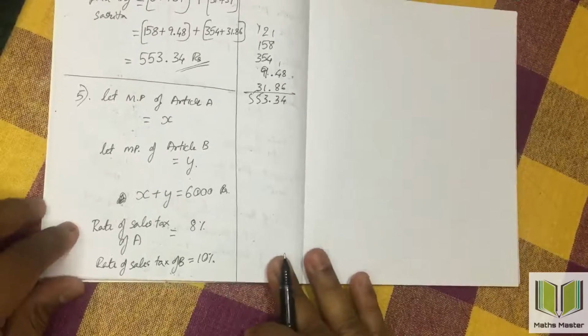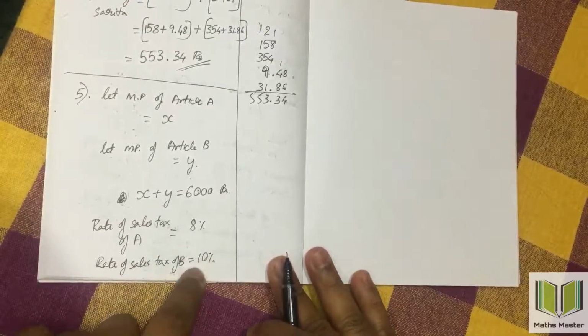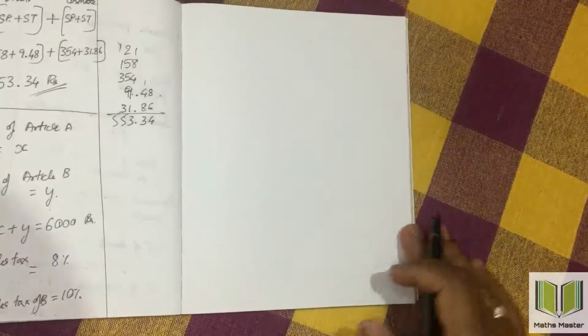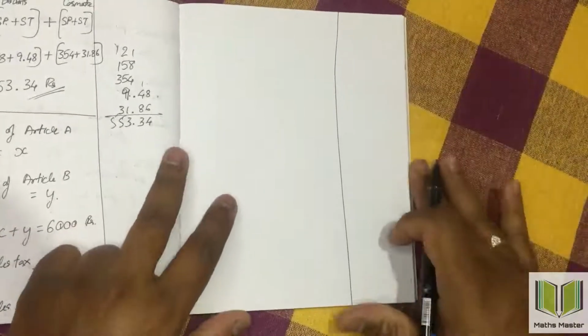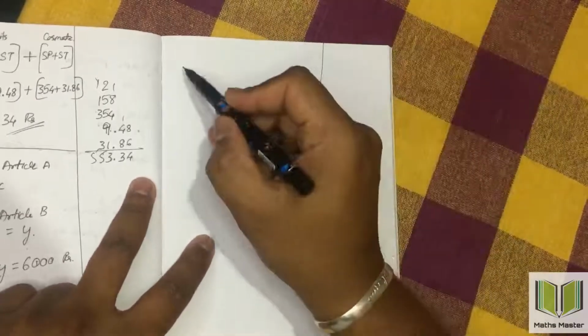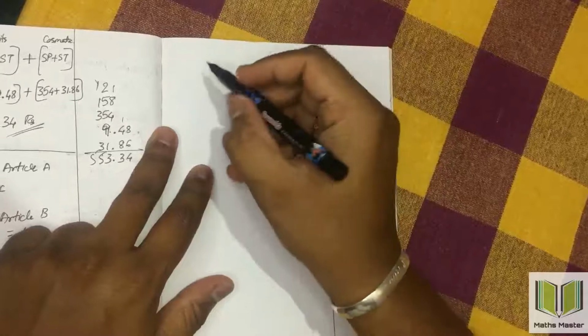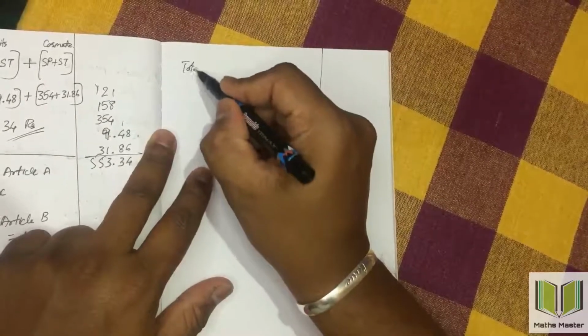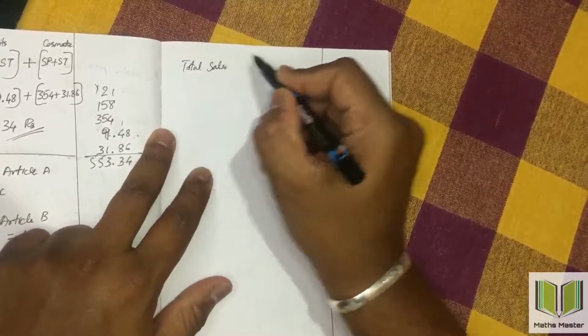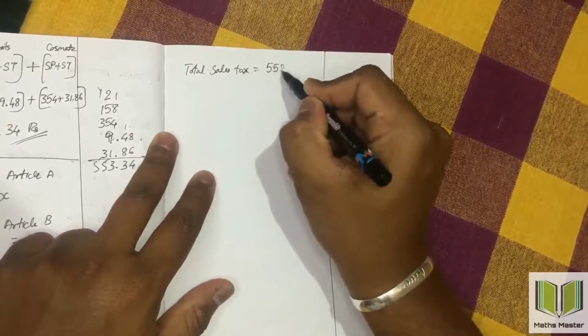This is what they have given. They have given sales tax. The total sales tax will be equal to 552 rupees.